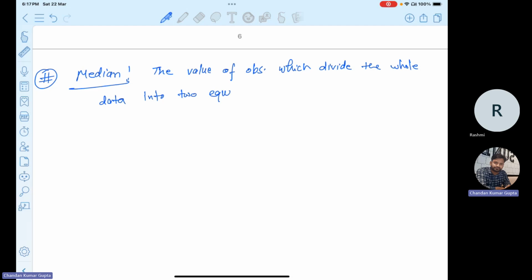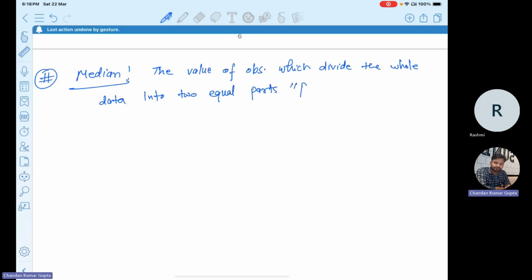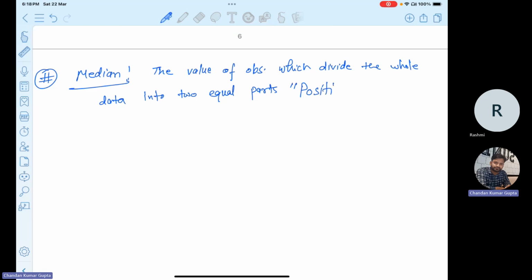That observation value is known as the median value. It is the mid value that divides the whole data into two equal parts. These are also termed as positional average, which means it divides the data into parts on the basis of their positions.